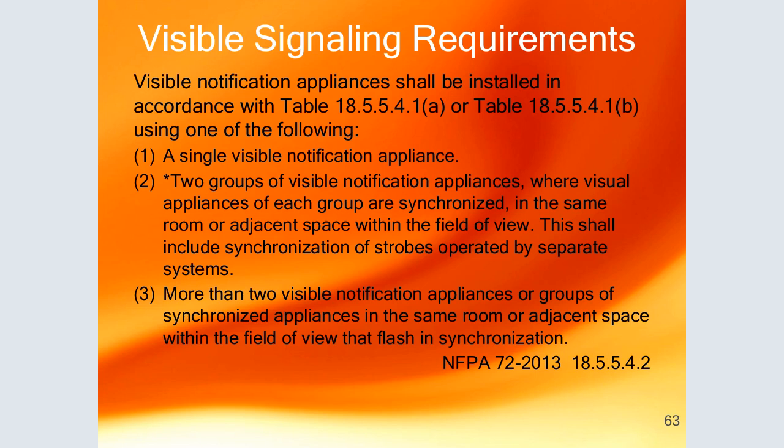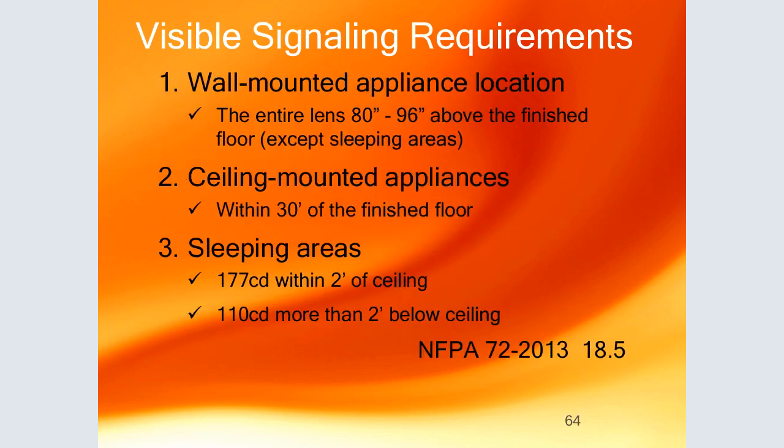That is visualization in the same room or adjacent space within a field of the view. So this should include synchronization of the strobes operated by separate systems. More than two visible notification appliances or groups are synchronized appliances in the same room or adjacent within the field of view, the flash synchronization. So synchronization means they have to work hand in hand with the audio systems.